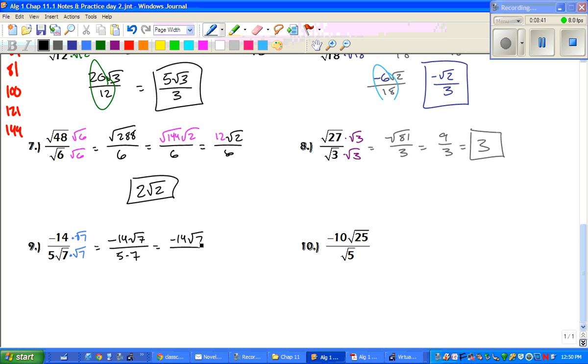The top stays the same, and 5 times 7 is 35. We want to reduce that fraction. 7 goes into both of those, and you get negative 2 root 7 over 5.